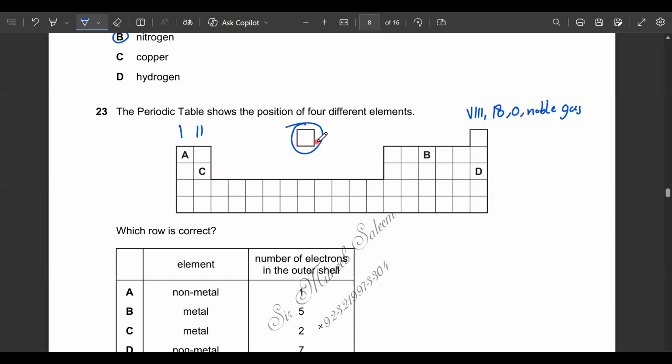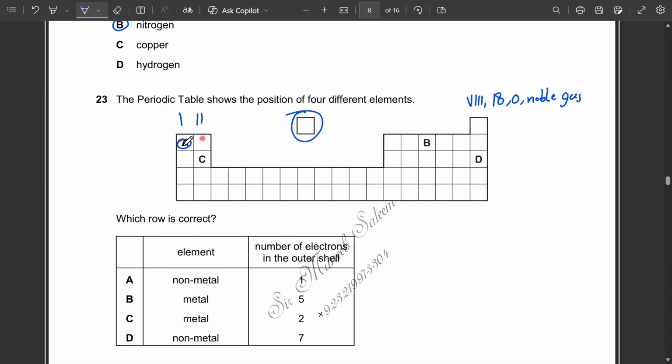You were supposed to respond in the chat box, even if you are not clearly hearing the question. You can ask me again, but you have to respond. So be attentive every time. So this box is a hydrogen, but this A is not hydrogen. This is another element of group one.